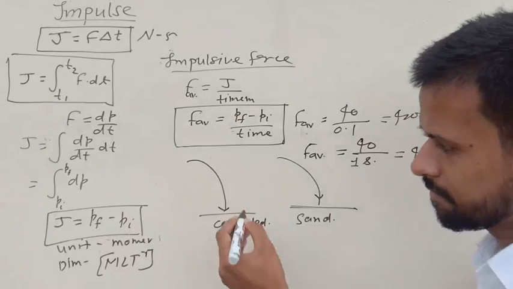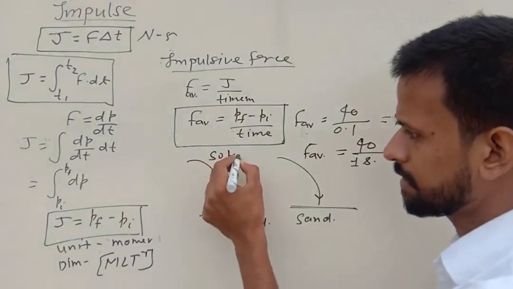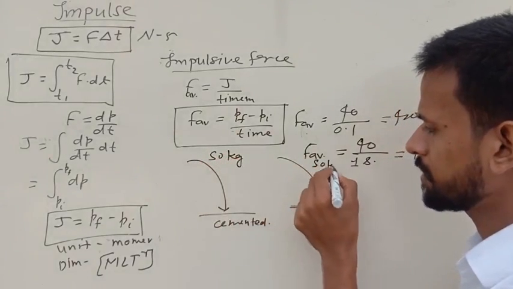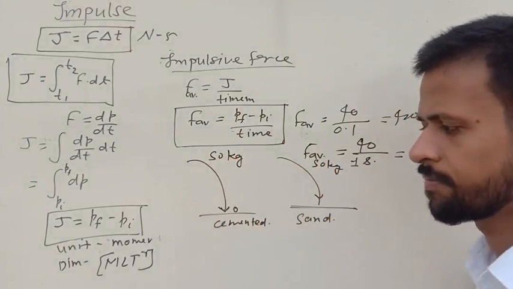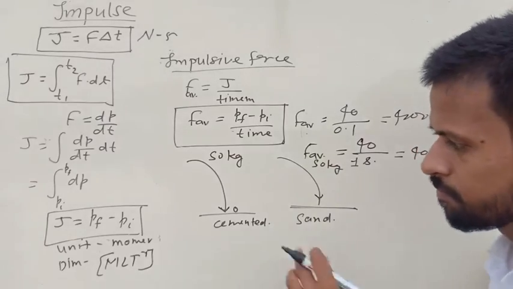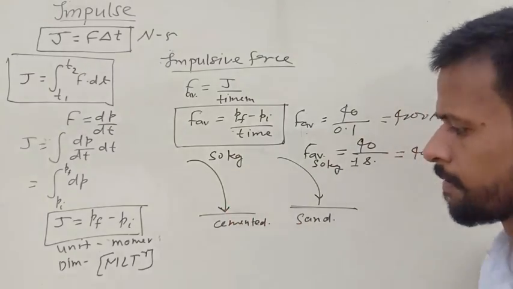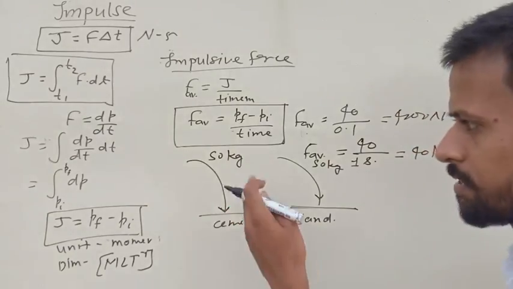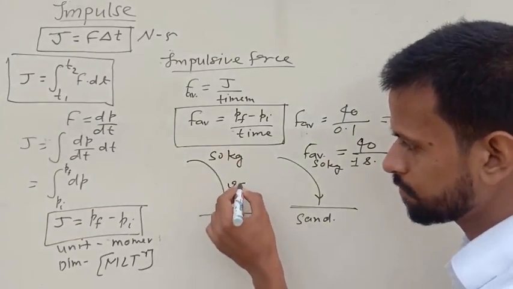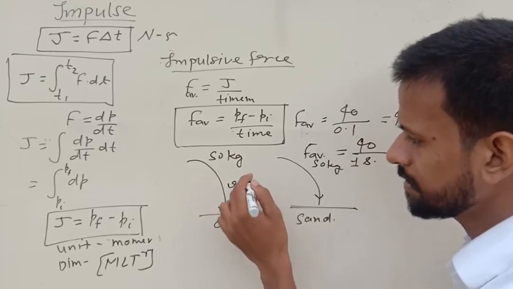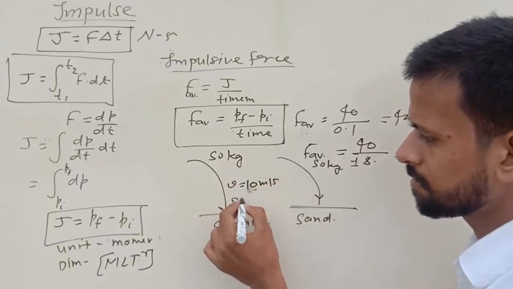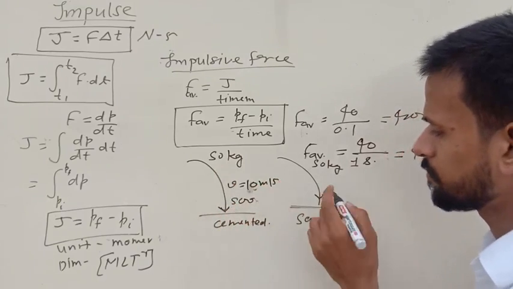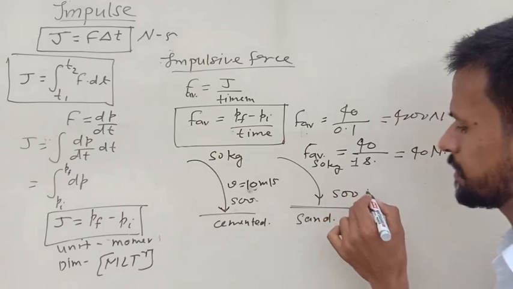Suppose this is a man of mass 50 kg, and here momentum is 0. What will be the momentum before coming to the ground? This is 50, and velocity is suppose 10 meter per second, then momentum is 500. Here momentum is 500.